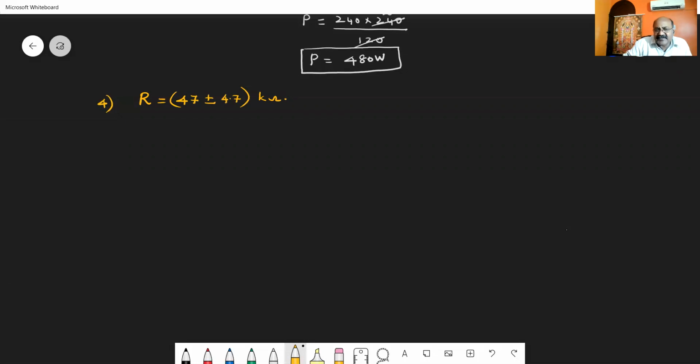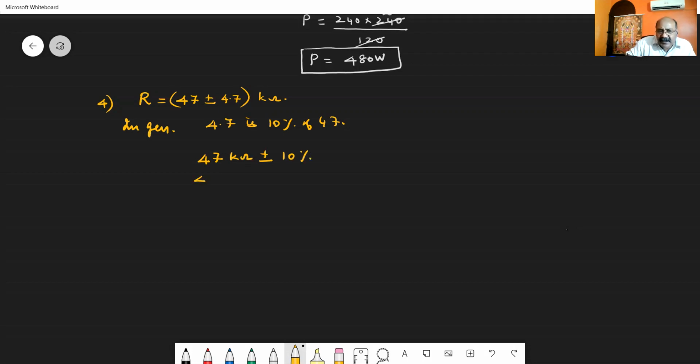On looking at this, we can say this 4.7 is 10% of 47. So I can write it like this: 47 kilo ohm plus or minus 10%.